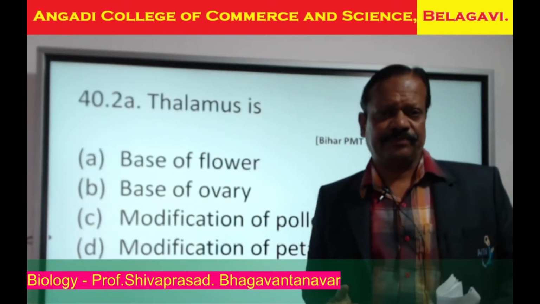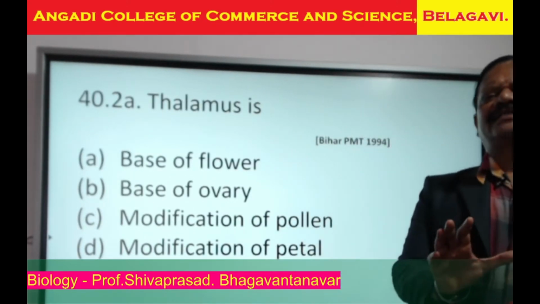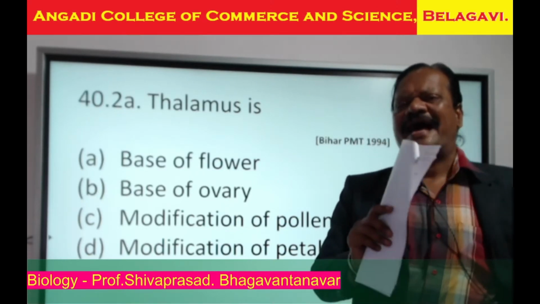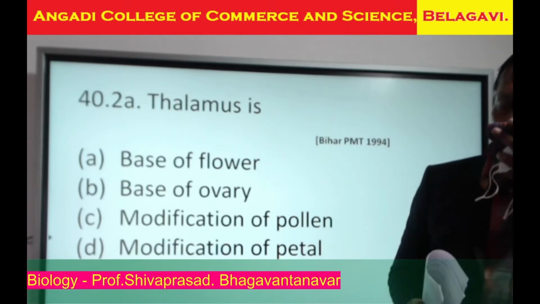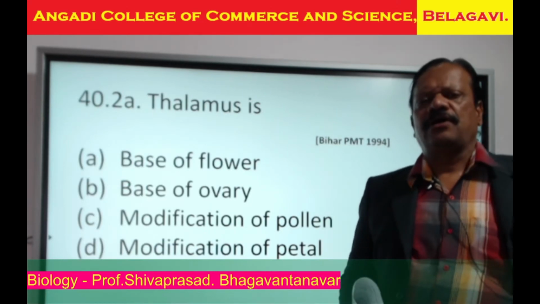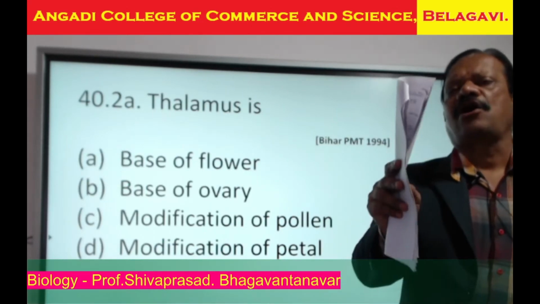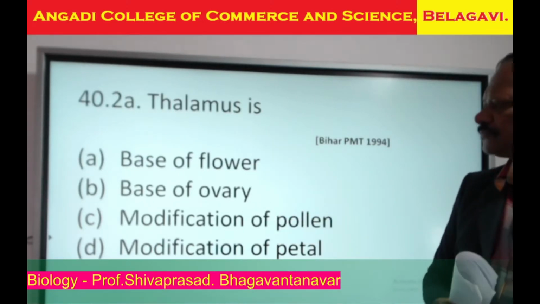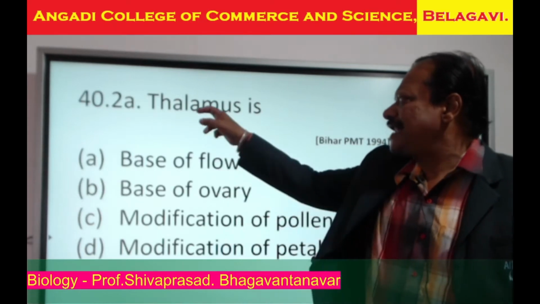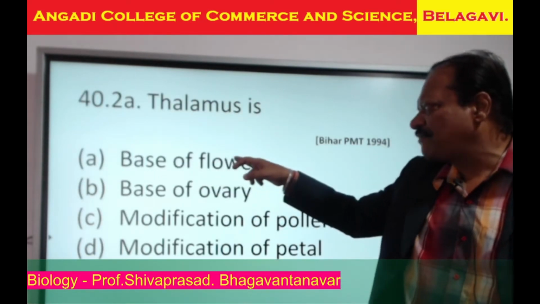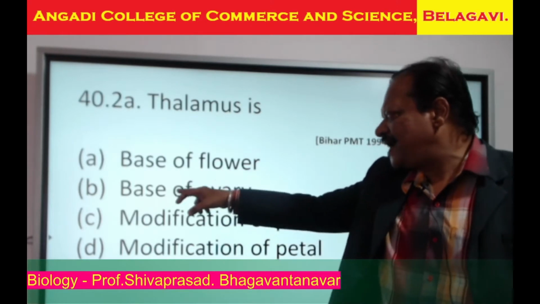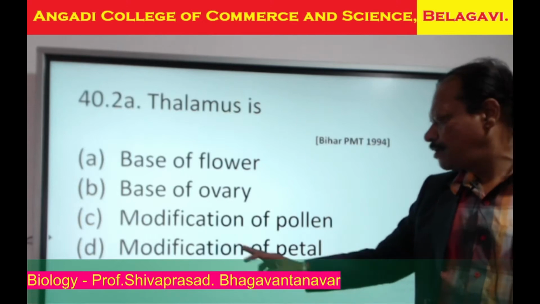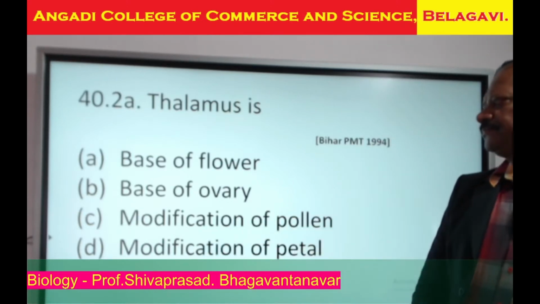Thalamus is. So thalamus, basically I am telling you, thalamus is a flat structure. Above this flat structure, all floral parts are organized. So we'll see the options. Thalamus is base of a flower, base of an ovary, modification of pollen, modification of petal.